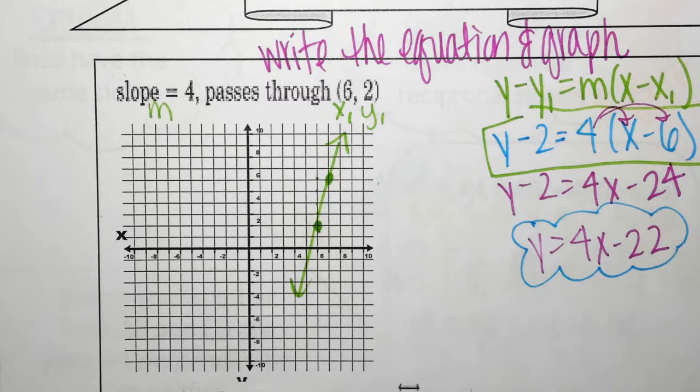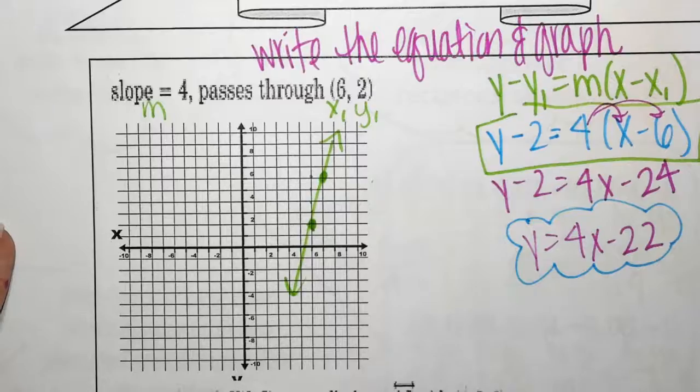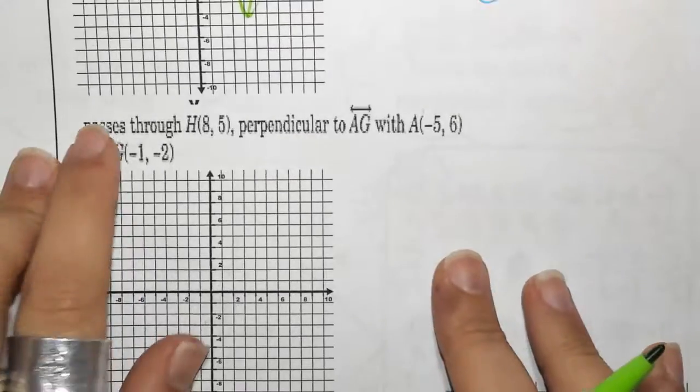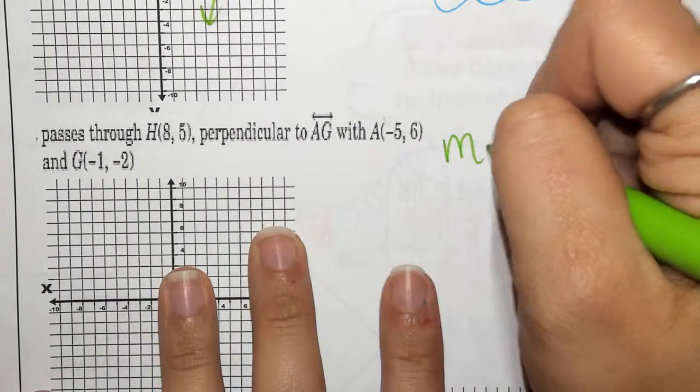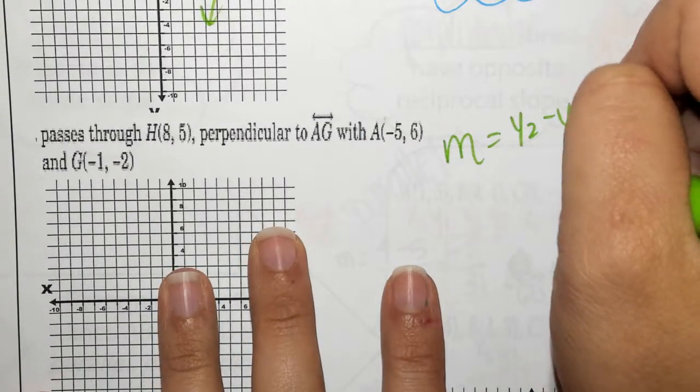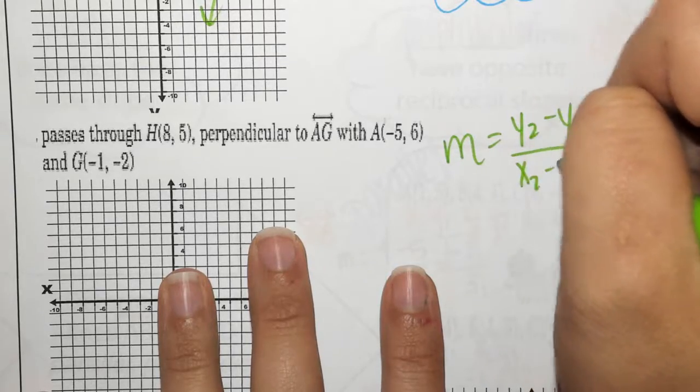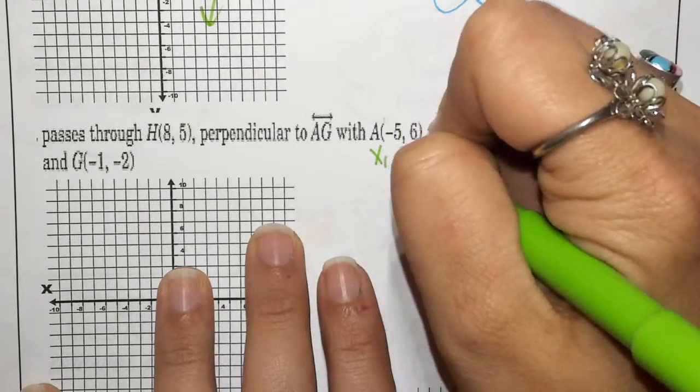Now, for the next problem, you have to write an equation for the line that passes through this one and is perpendicular to AG. So first, you need to find your slope of AG.